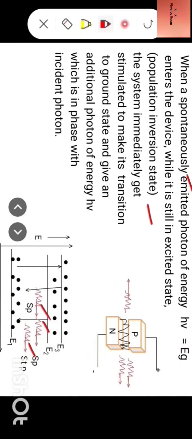So this is the incident photon, this is the stimulated emitted photon.